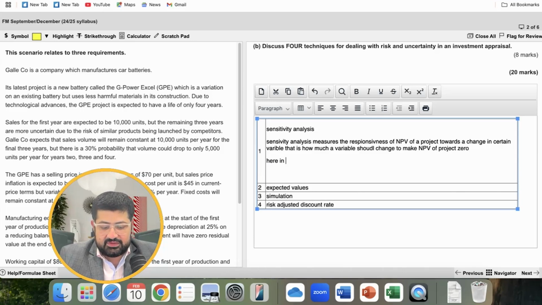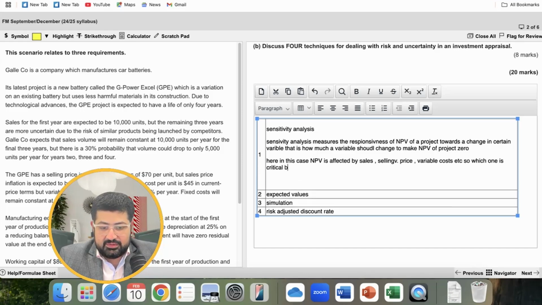Here, in this case, NPV is affected by sales, selling price, variable cost, etc. So which one is the critical variable?